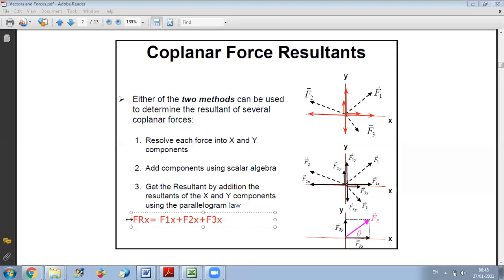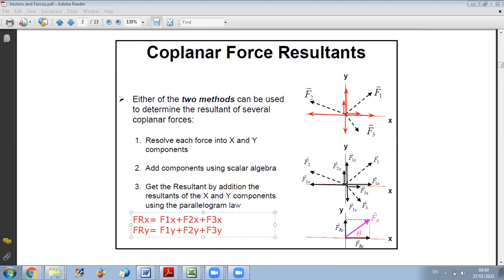As we said, I am using the scalar method, so the signs can be positive or negative. Here, in the x direction, F2x is negative, while F1x and F3x are positive. And to calculate the resultant in y, F resultant in y is equal to F1y plus F2y plus F3y.